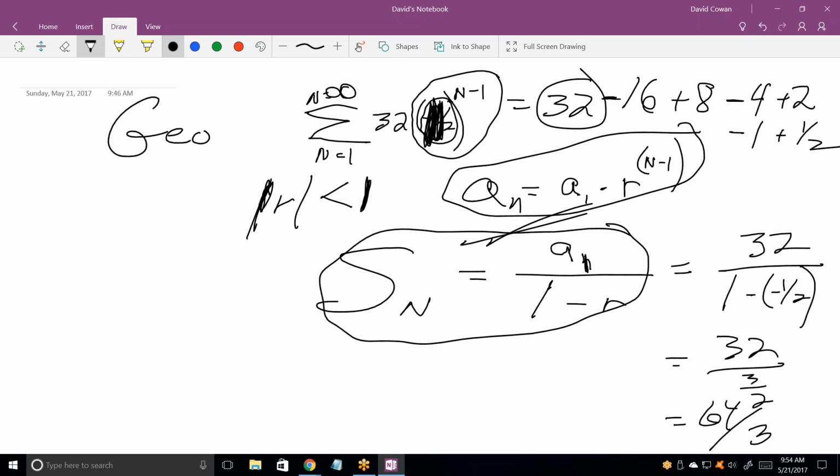If I make that a 1, notice what happens: the terms become 32 minus 32 plus 32 minus 32 plus 32. That is a non-convergent series. In infinite series, the very first thing that matters is whether they are convergent or divergent.